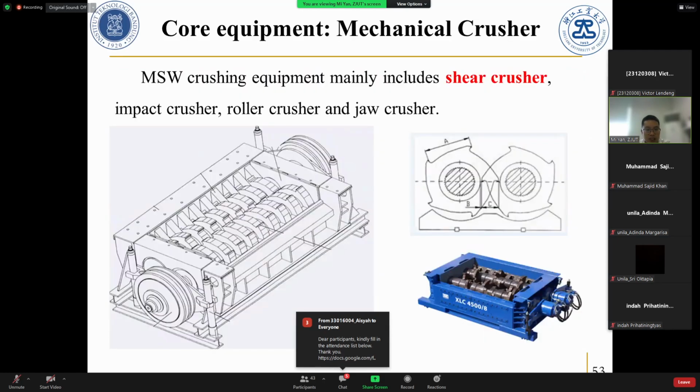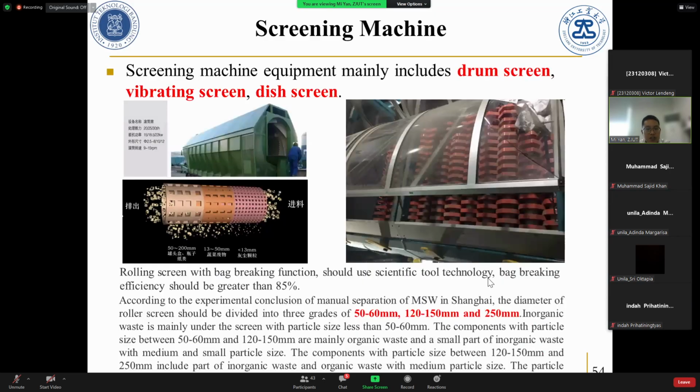The key machine here is the crusher. This one is important. The whole system depends on how small a particle it can create. So this is very important. And this is the screen. Screens, of course, have many kinds. Usually there is the drum screen, vibration screen, or disc screen.